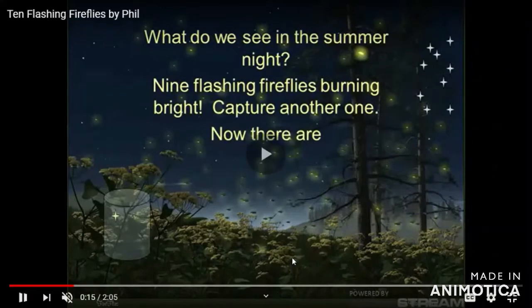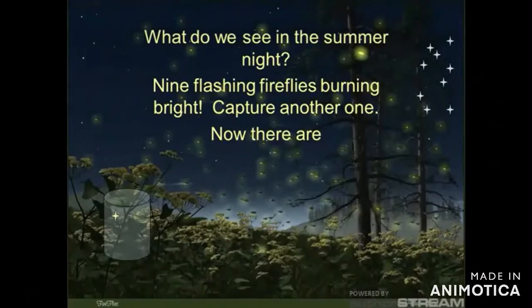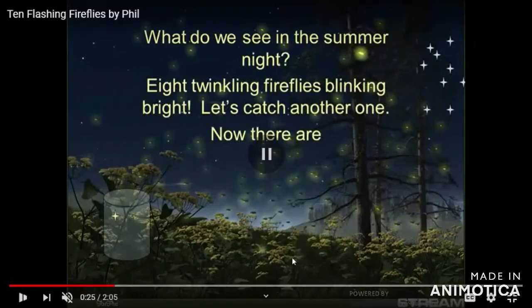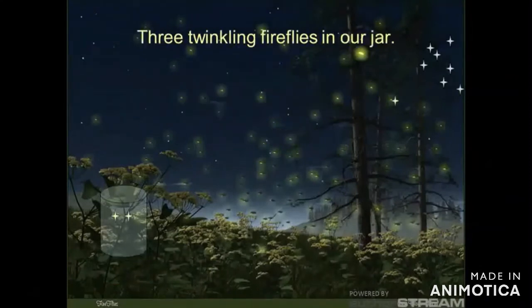Capture another one. Now there are 2 flashing fireflies in our jar. What do we see in the summer night? 8 twinkling fireflies blinking bright. Let's catch another one. Now there are 3 twinkling fireflies in our jar.